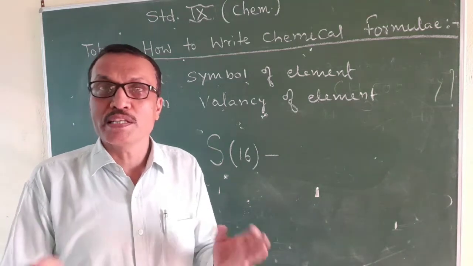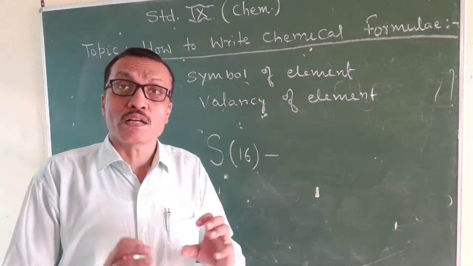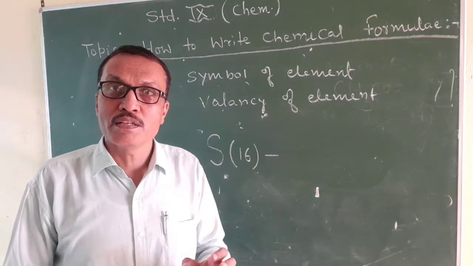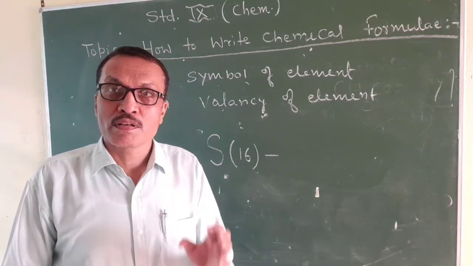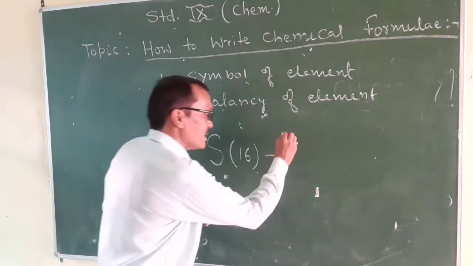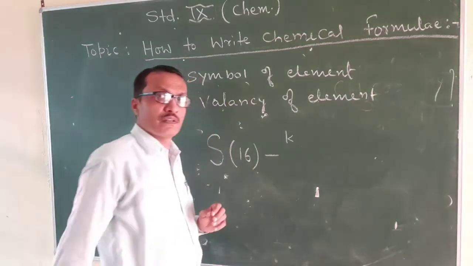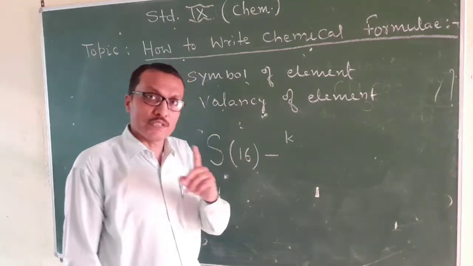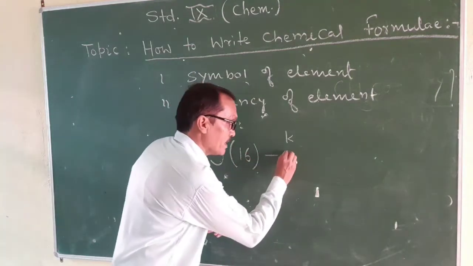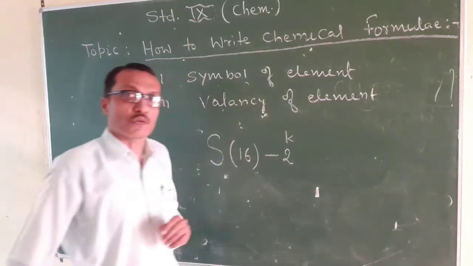In the Bohr-Bury scheme, there is the concept of orbits, which are denoted by K, L, M, N, etc. K is the first orbit, and in the first orbit a maximum of 2 electrons can be present. So I put 2 electrons in the first orbit.